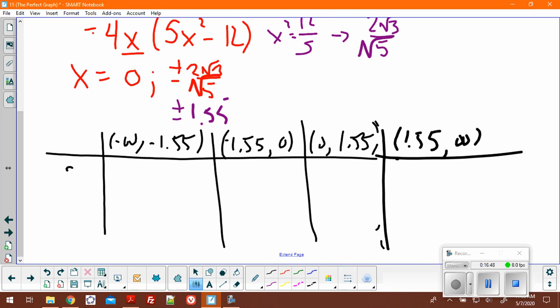I have an x, my 4, and my 5x squared minus 12.